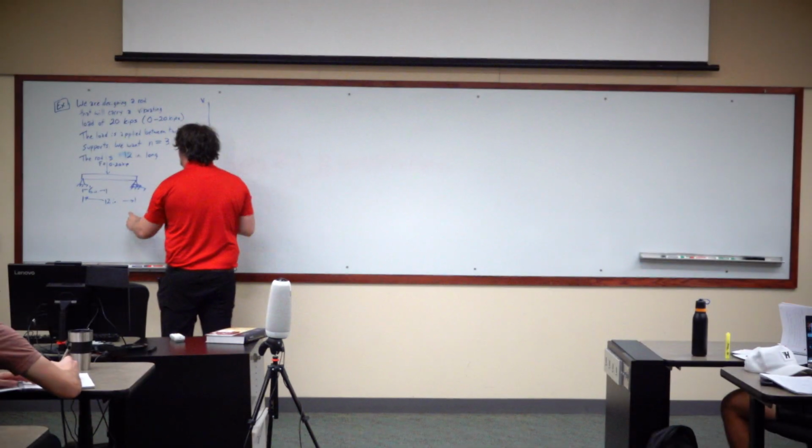There's a couple things we need to do before we can calculate the stress. We can come up with shear and bending diagrams right away. All right, so here, V, because it's right in the middle, I'm just going to cheat. I know that the force is going to be distributed halfway between both of them.